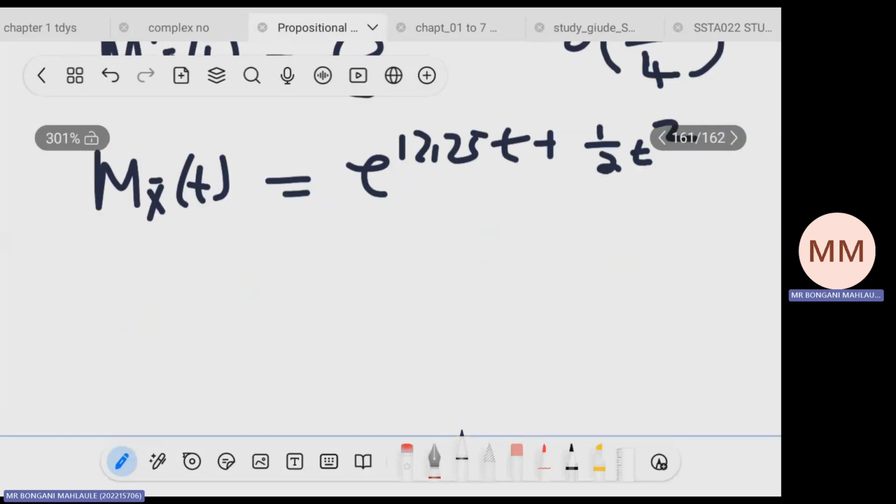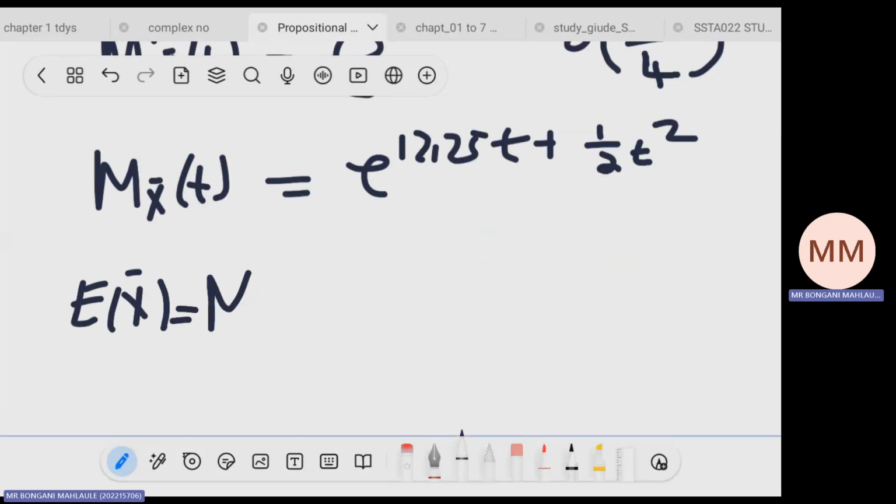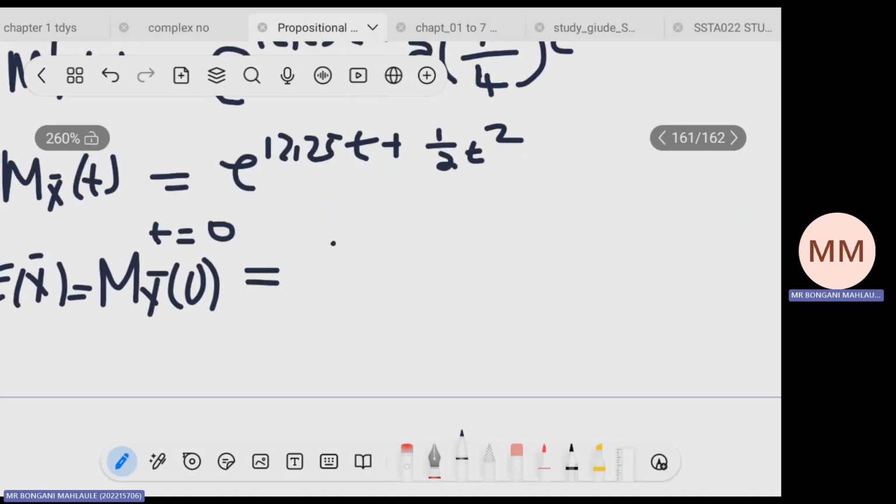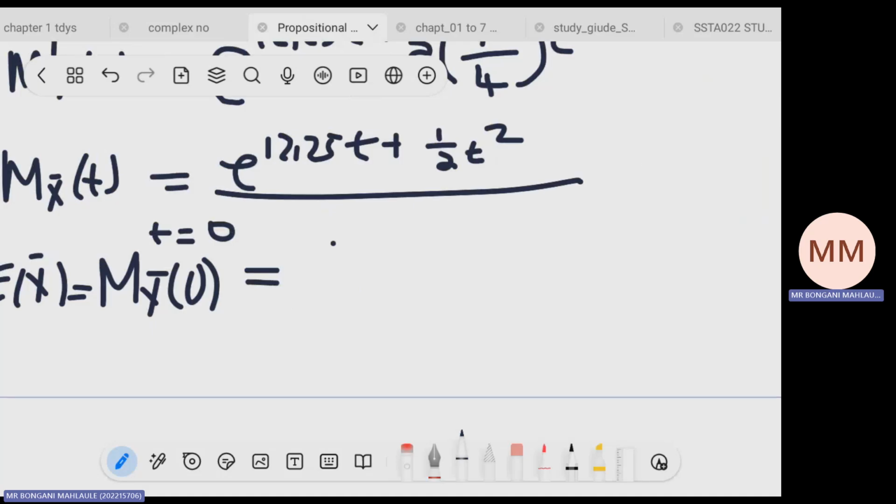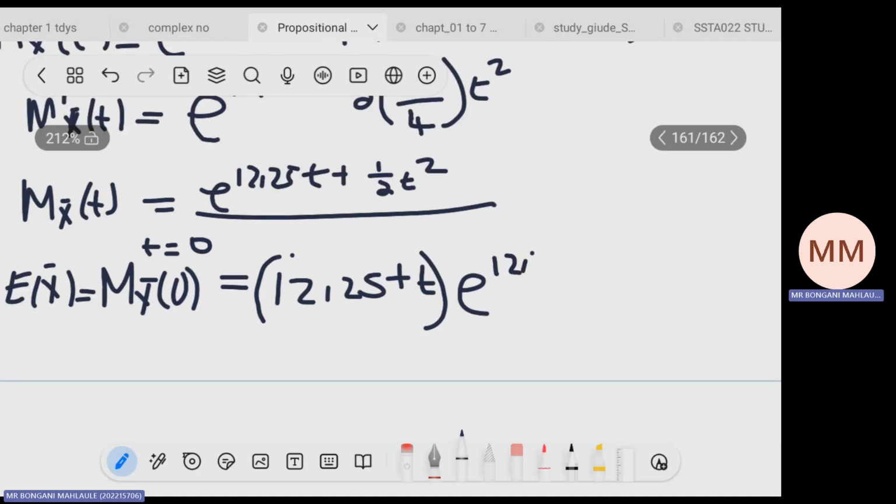Now, although we already know the expected value, we can calculate it because it's going to be equal to the MGF's derivative when t is equal to 0. So we're going to have the first derivative of this, which will give us 12,25. I'm sure you know how to differentiate the exponential. And then you'll have Euler; you just write the original equation as it is.